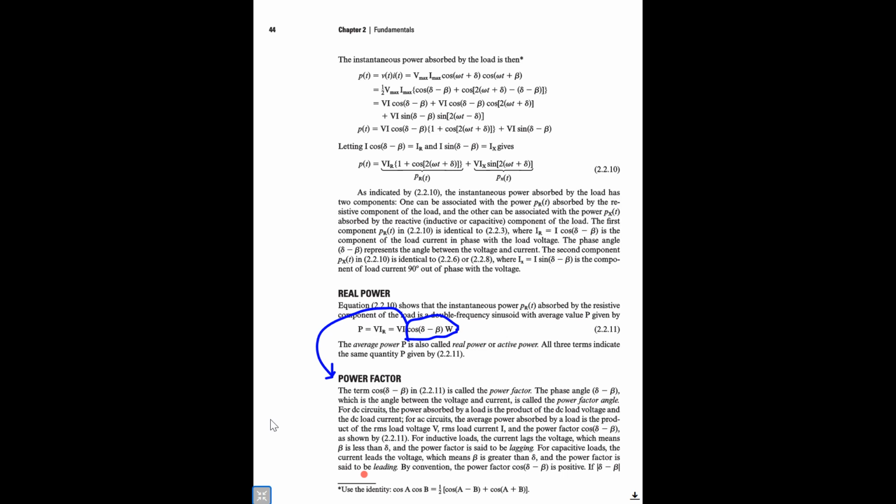Power factor is defined as the cosine of delta minus beta, or written as cosine phi. In many references, delta minus beta is defined as phi. It's called cosine phi or power factor. Power factor is the cosine of the angle of voltage minus the angle of current. No problem? Okay.